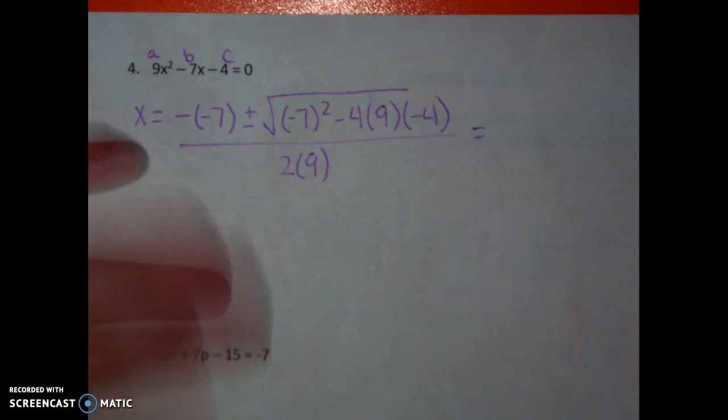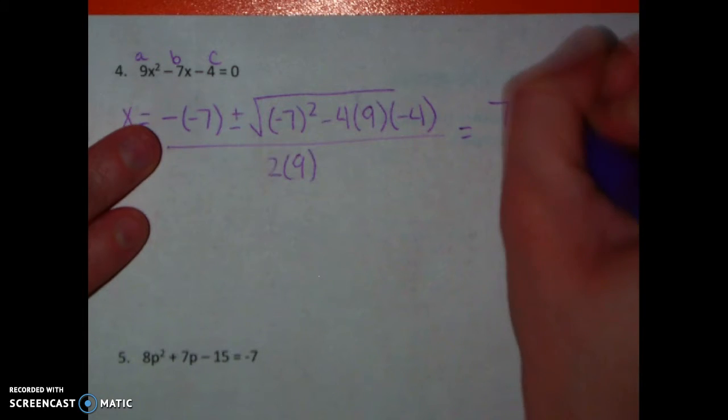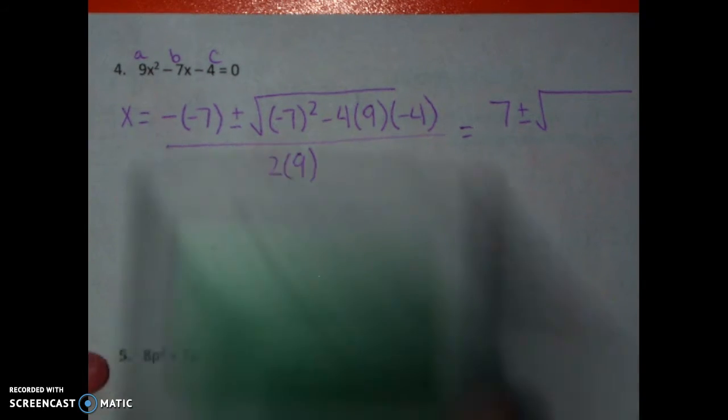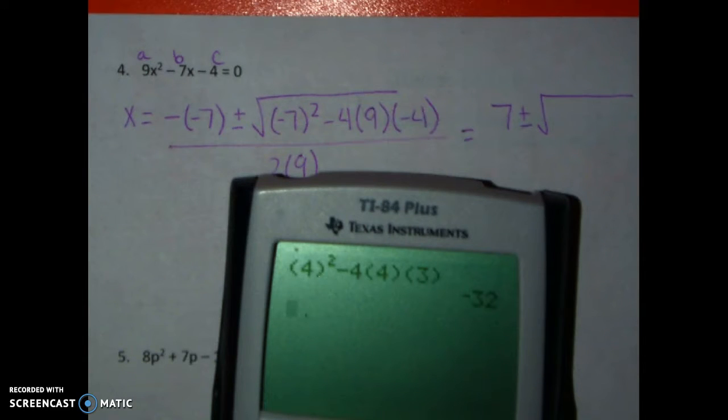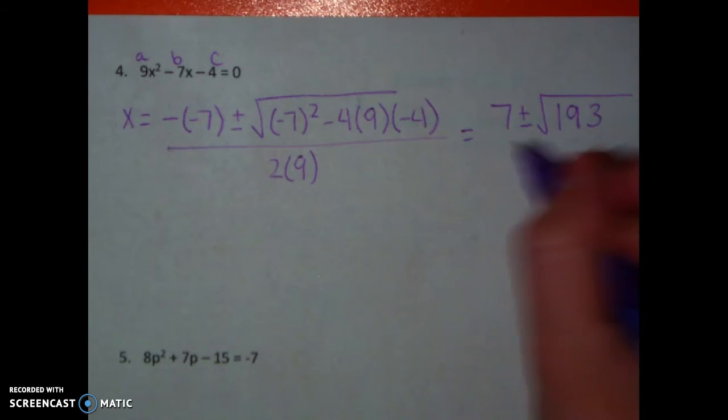Okay, let's simplify it a little bit. Negative 7 is a positive 7. And so negative 7 squared minus 4 times 9 times negative 4 is 193. And I know that's not a perfect square, so we're going to get some decimals.